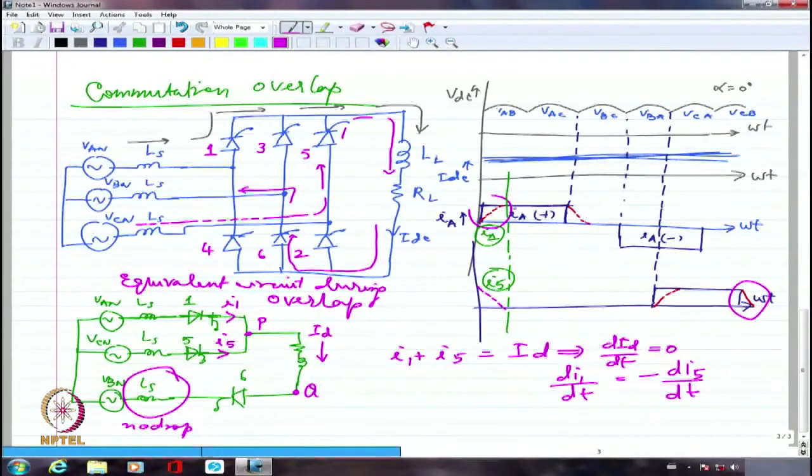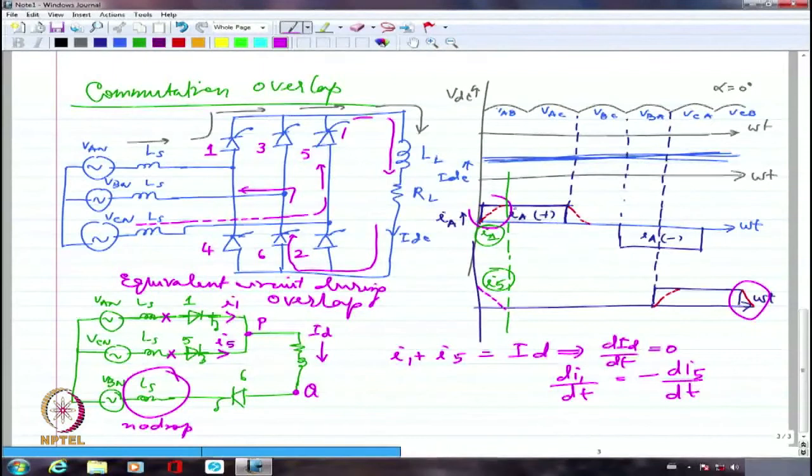Now I have to say what is the voltage at this point and at this point. They are not going to be VA and VC respectively, because the currents are increasing in one direction and falling in the other. So L di by dt is definitely not equal to 0 in those cases.